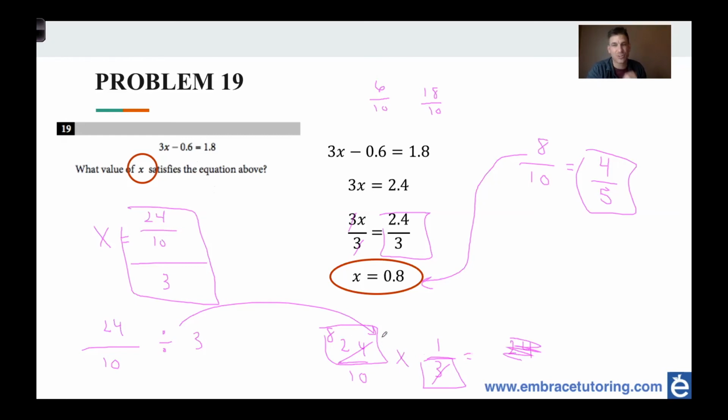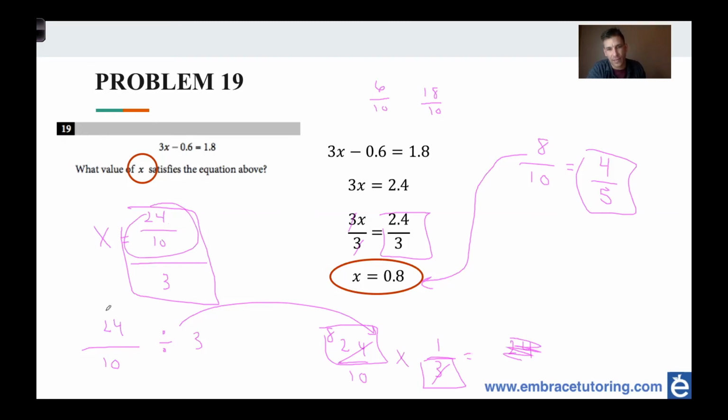That's the idea. I try to simplify first before I move on to the rest of the problem. So if I get stuck with the 2.4 over 3, only because it's open-ended and there are no answer choices to guide me, I would probably just convert it to a fraction, simplify it, and then say, oh yep, it definitely is 0.8.